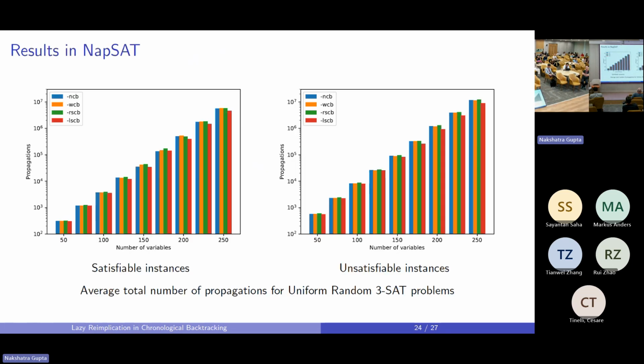So here we count the number of propagations performed by the solver with each of the variations that are supported in Knapsack. And in red is the new approach that performs significantly fewer propagations. And the reason is, basically, we don't have to repropagate the V3 in the example, and this actually saves a lot.